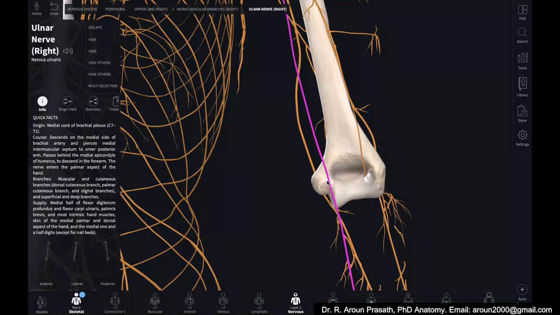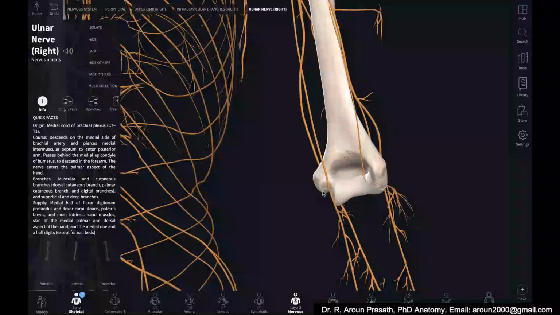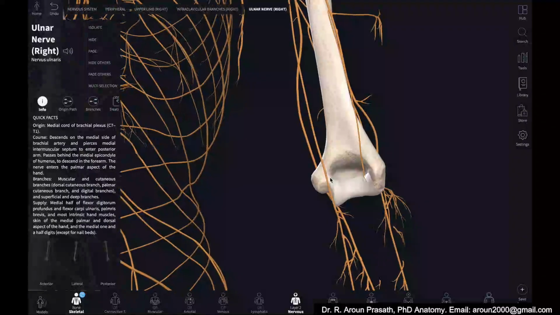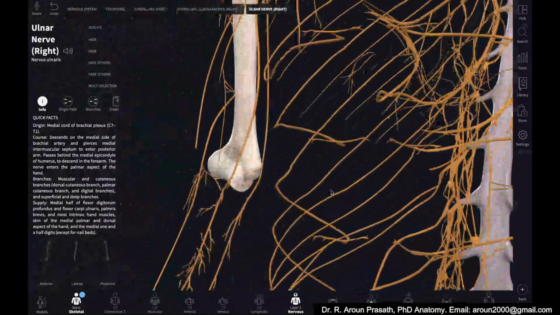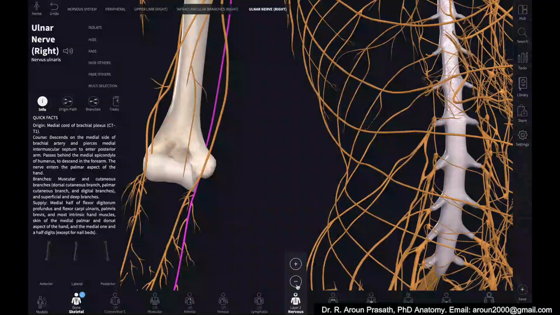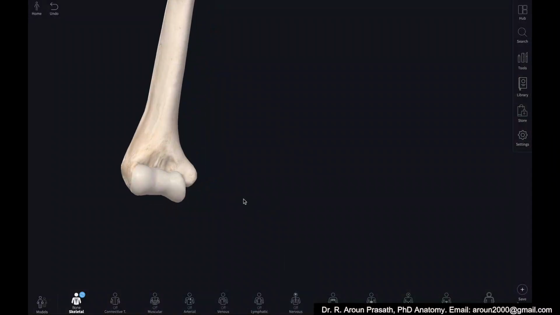Sometimes when you hit your elbow on a chair or table, you feel an electric sensation because this nerve is irritated and gives an electric shock sensation in your forearm. That is due to irritation of the ulnar nerve in the posterior aspect of the medial epicondyle of the humerus, where the nerve is more superficial.